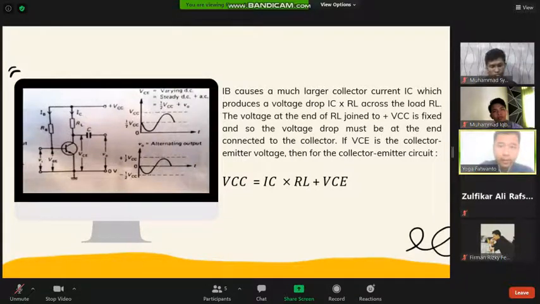Then for the collector emitter circuit, VCE is equal to VCC minus IC times RL. Next slide, please.